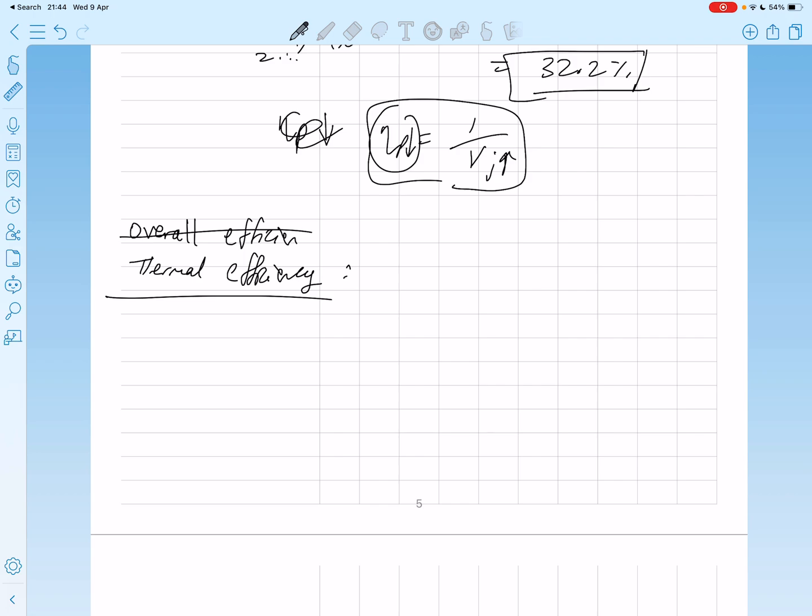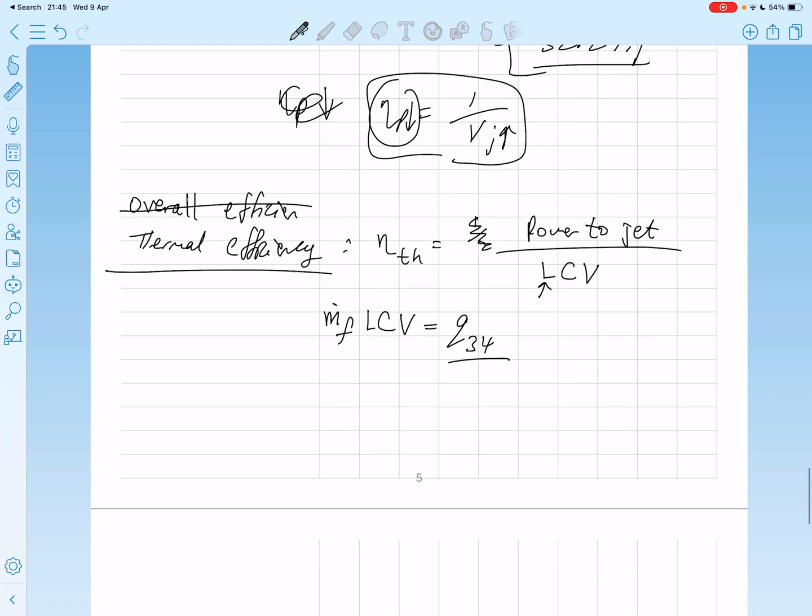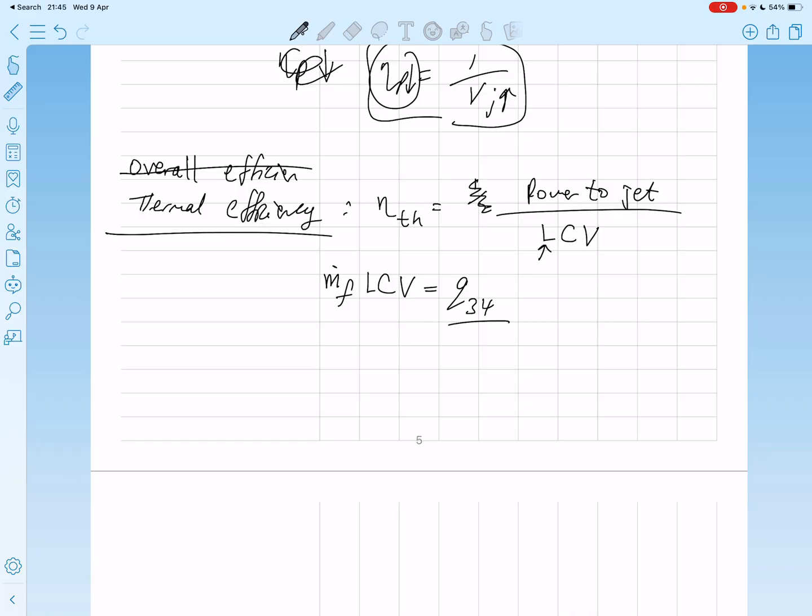And so the thermal efficiency, that's just power to the jet over the calorific value burned, but here we use the lower calorific value, and that is defined as the mass flow rate of fuel times the low calorific value, and that was just the heat into the burner, which we know from the question.